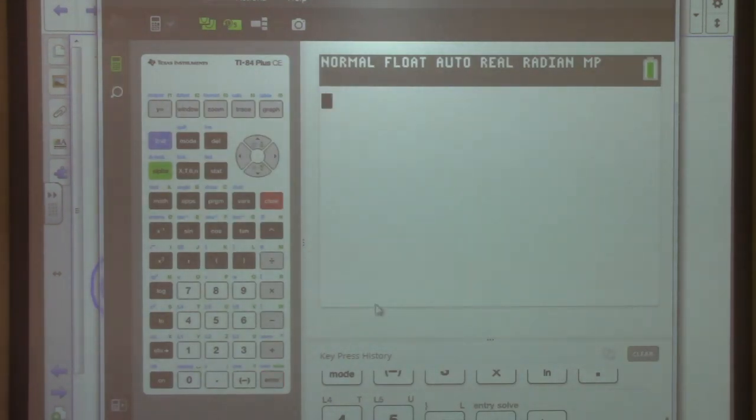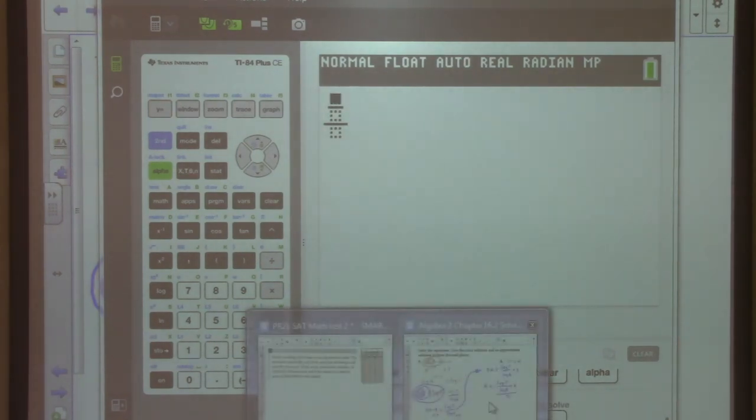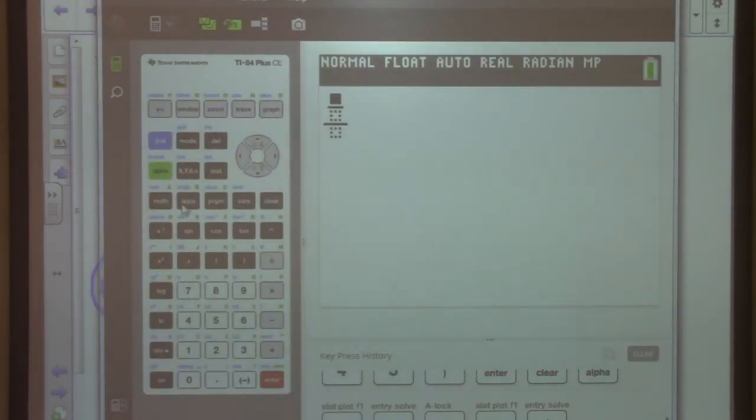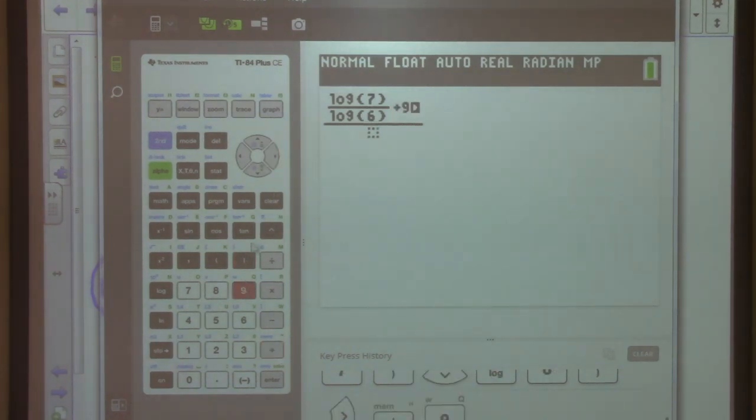And here's where I find some challenges, because to enter all this right, I'm going to put another fraction up here. So log 7 over log 6, and over here plus 9, and divide by 3.